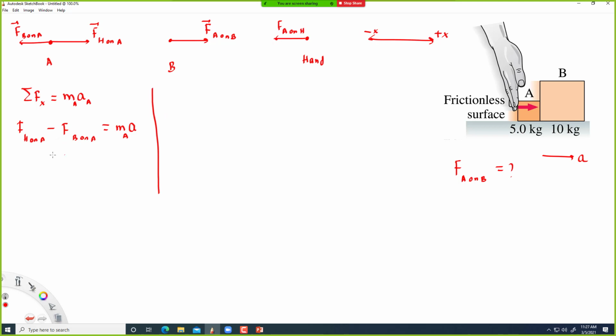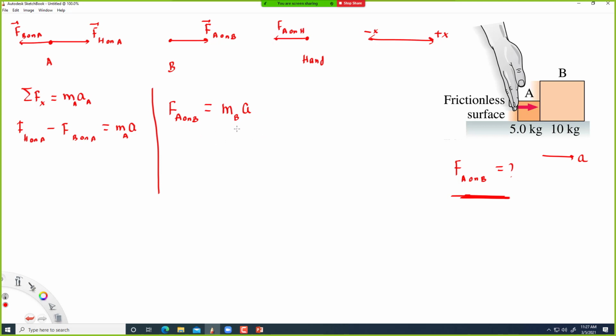And this equation won't give us this thing. This is what we want to find, because there's no such term in this equation, so we want to write an equation for B also. So write the same kind of Newton's law for B. The only force we have here is F A on B, that is equal to mass of B times its acceleration, the same acceleration here and here because they are touching each other.